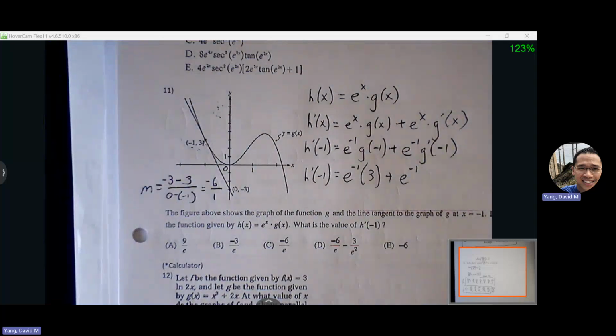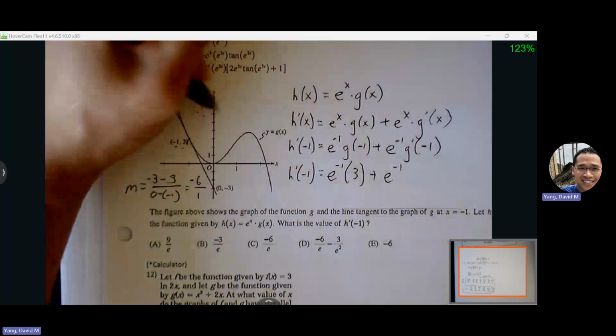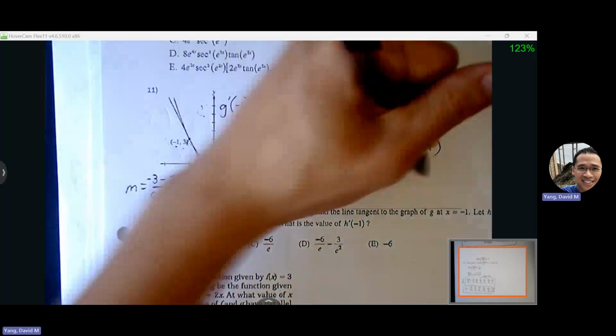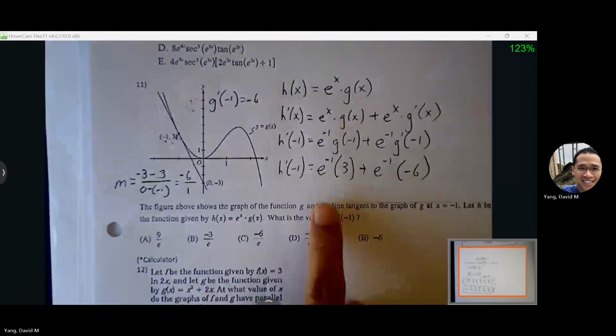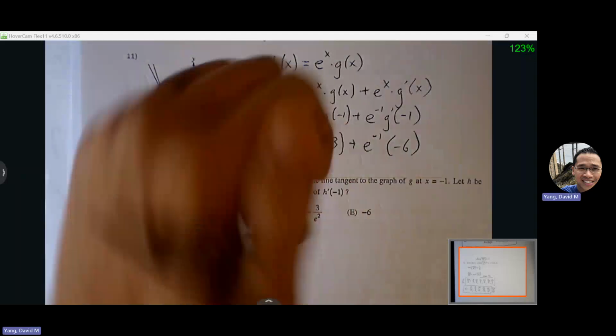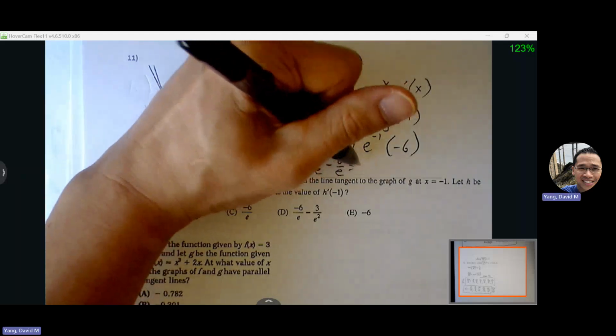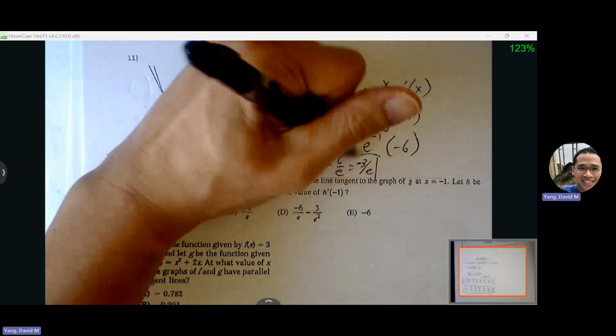So my slope of that line is -6. Therefore, I can conclude that g prime of -1 is also -6. So I'm left with 3 over e minus 6 over e, which is -3 over e. That's our answer.